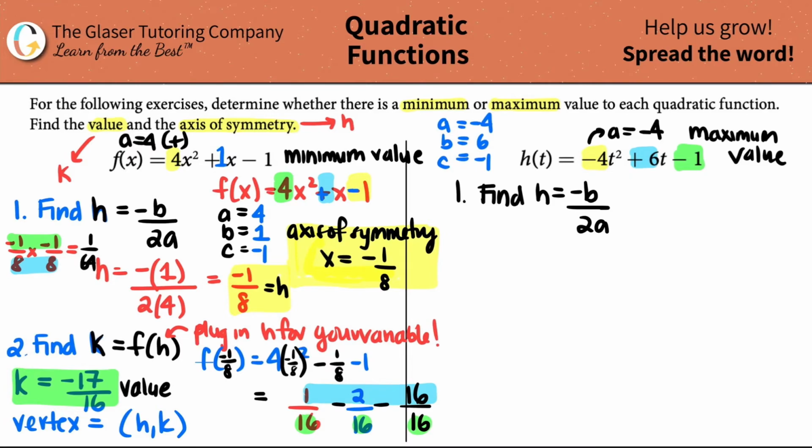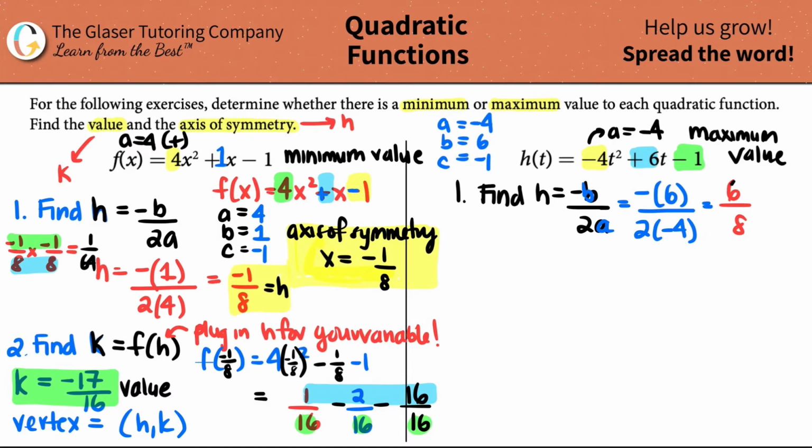Plug these values in for here. So this equals negative b, which was 6, divided by 2 times a negative 4. That was your a value. So if we just clean this up, we got negative 6 divided by negative 8. Negative divided by negative is a positive, so that goes bye-bye, right?